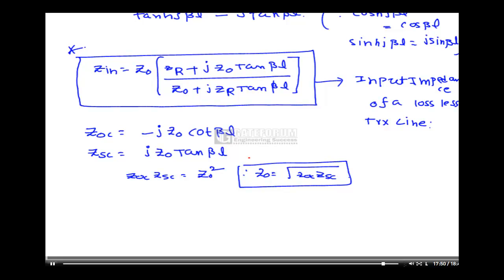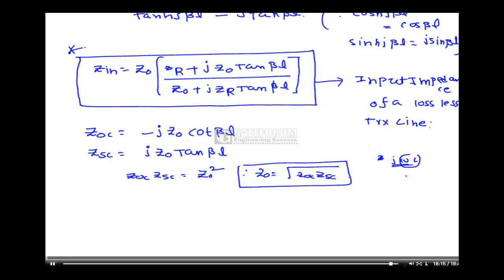If you observe, the open circuit impedance and the short circuit impedance of a lossless transmission line have only imaginary parts, something like reactive parts. Suppose for an inductance, what is the inductive reactance? j omega L is the impedance of an inductor.